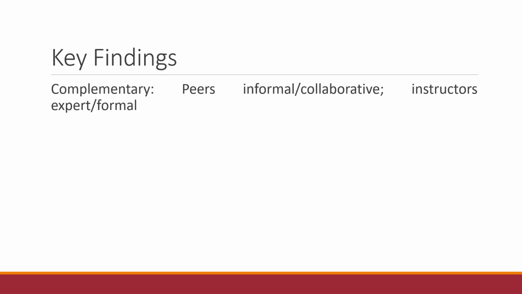The key finding here is that peer feedback and instructor feedback seem to be complementary. Peers are looked at as giving informal feedback that is more collaborative in nature, whereas instructors are deemed to be experts, and their feedback is claimed to be formal.